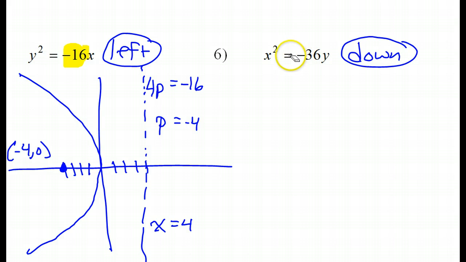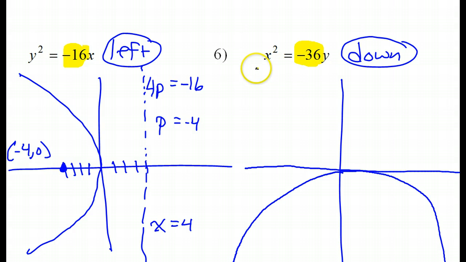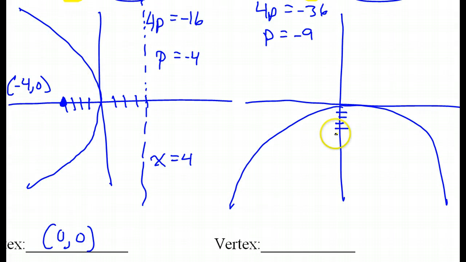Okay, yeah, anyways, this is our 4p. Well, let me do the sketch first. So I know it's going to be downward facing, so it's going to be doing this type of a deal. Okay, now the 4p has to equal negative 36. That means p must equal negative 9. So that tells me 1, 2, 3, 4, 5, 6, 7, 8, 9.